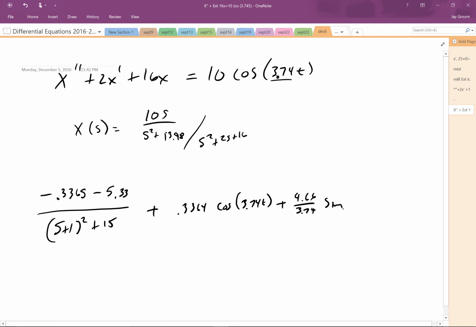I kind of cheated on this piece. I didn't write this part down, so I cut to the chase on this side. So don't panic about that.